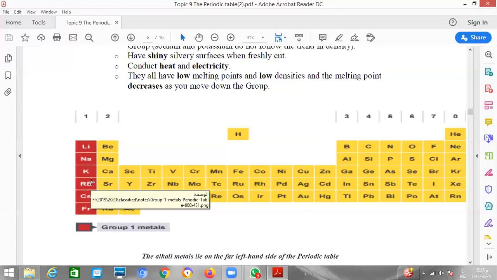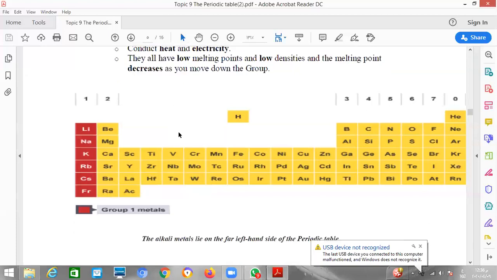Hydrogen is the gas. What is the test for this gas? A lighted splint, and the result is a squeaky pop sound.